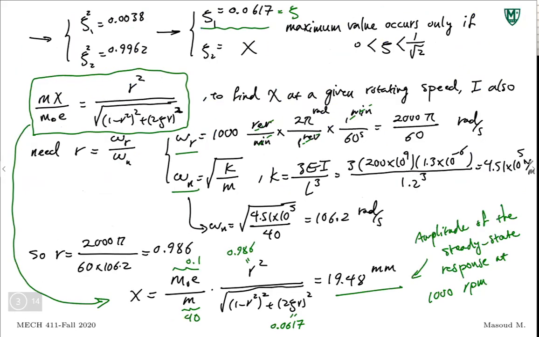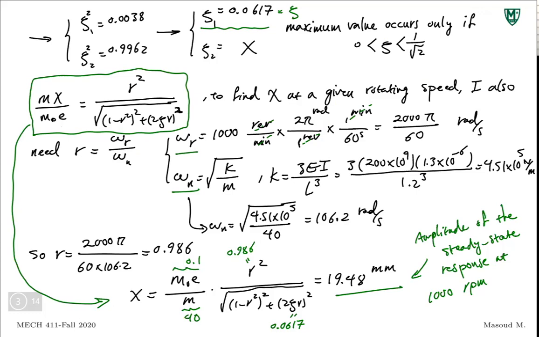We use the general equation. mX over m naught e is always equal to r squared over the square root of 1 minus r squared, squared, plus 2 zeta r squared. We wanted to find X. That gives us X for any given set of parameters like r, zeta, m naught e. We knew m naught e, we knew m, we knew zeta, we've calculated that. The only missing part was r.